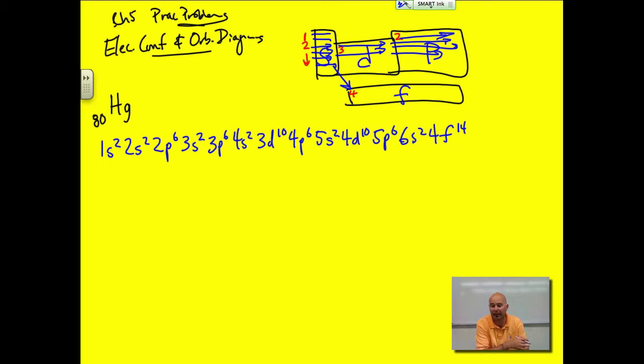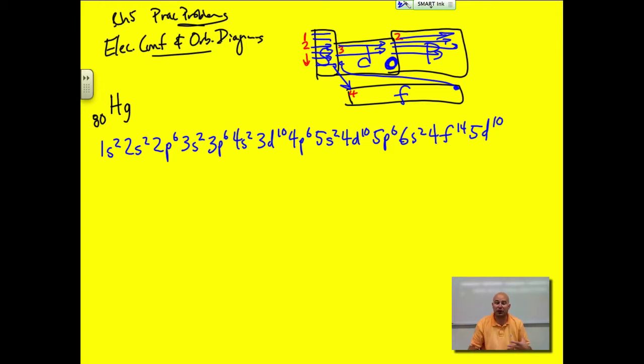I know there's 14 because I know that an F has 7 orbitals, which means a maximum of 14. Then we come back up to your 5d, and your 5d is actually the row that mercury is in. It's the furthest one over, so I could count across, or I could just know it's the last one. It's going to end 5d10.